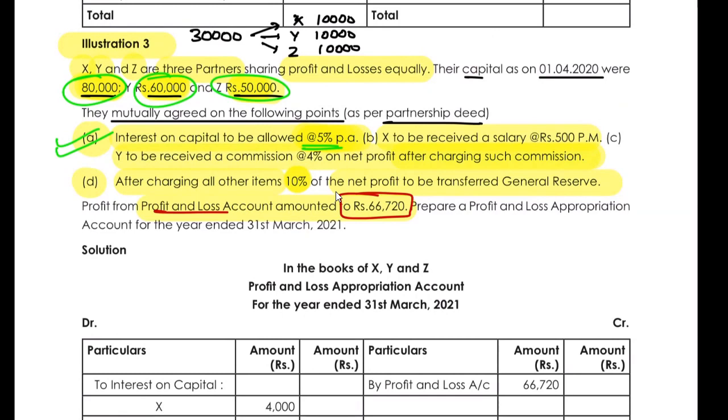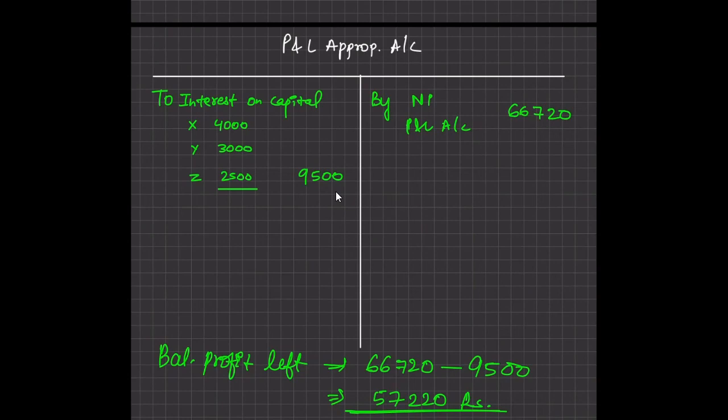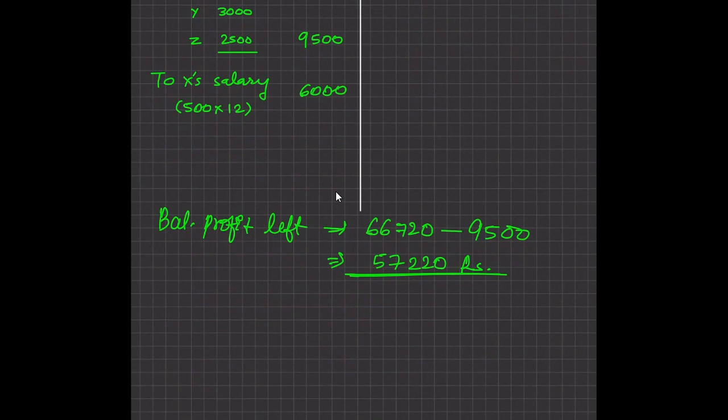Okay, but let's look at the second adjustment. X is entitled to receive a salary of 500 rupees per month. So that is another expense, debit to X salary. That is 500 rupees per month multiplied by 12, which would be 6,000 rupees. So now 6,000 is more deducted.